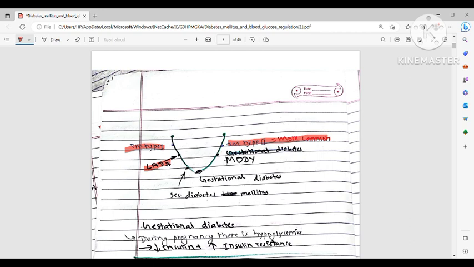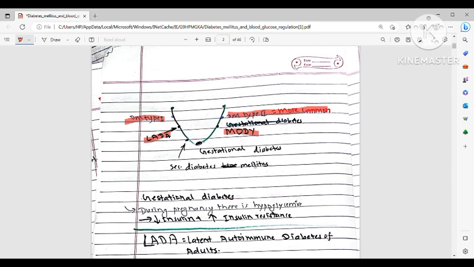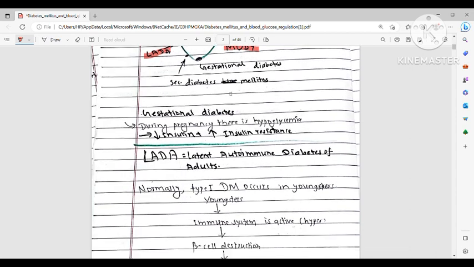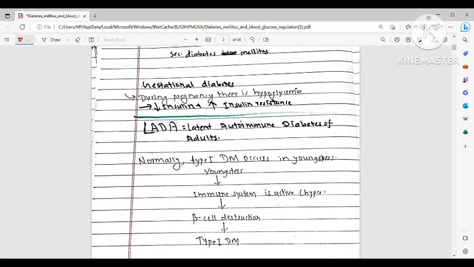And similarly, if type 2 diabetes mellitus occurs in children, it is called MODY, maturity onset diabetes of youth. Also the secondary diabetes and gestational diabetes are here. What is gestational diabetes? Diabetes in pregnant women is called gestational diabetes. It can be due to both decreased insulin as well as increased insulin resistance.